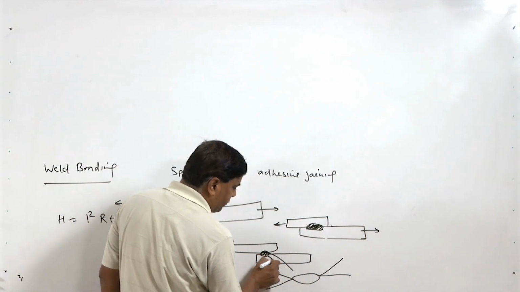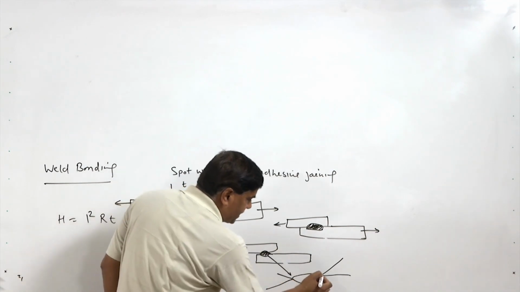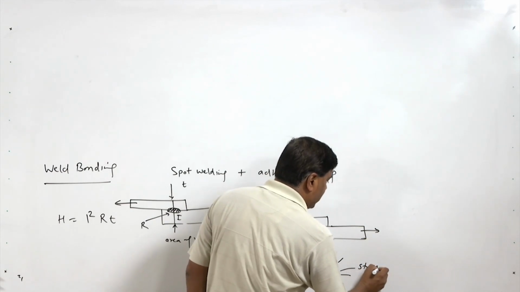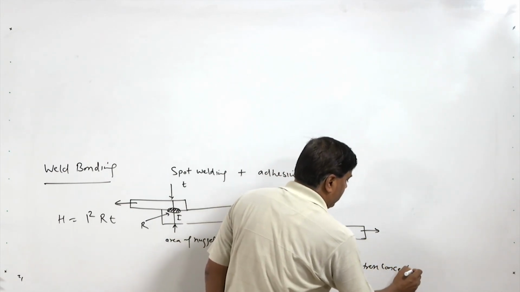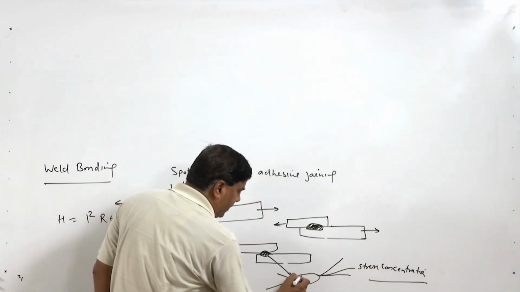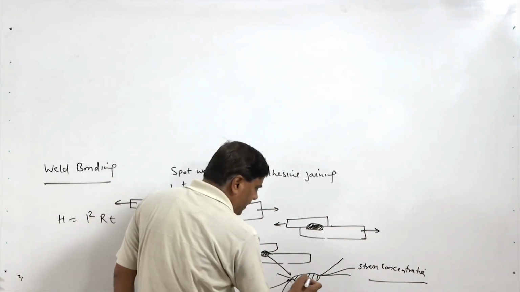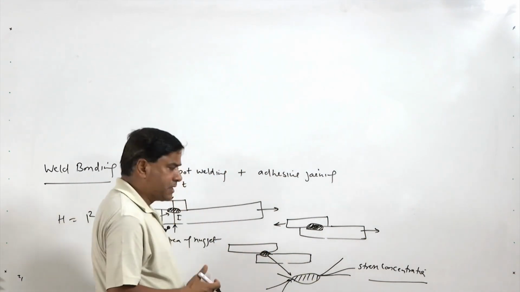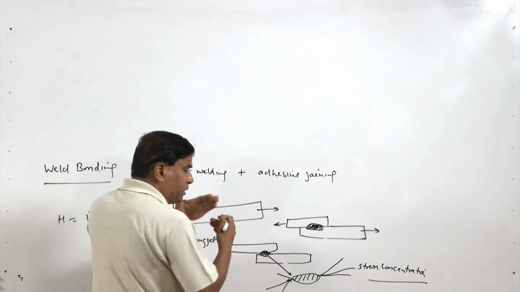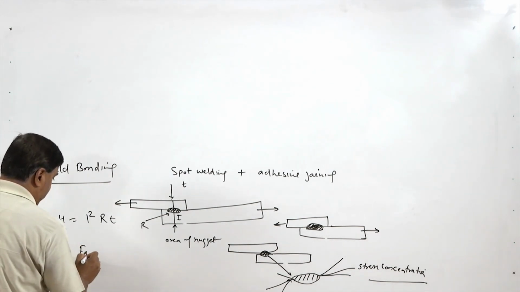If we see it in enlarged form, we get it like this. Here the stress concentration at the edges where the two plates meet is found to be high, at the junction of the two plates on both sides, while the nugget provides the metallic connection between the sheets being joined and the required shear strength to the joint. But the presence of this stress raiser due to the joint configuration poses a lot of problems, especially for fatigue strength.